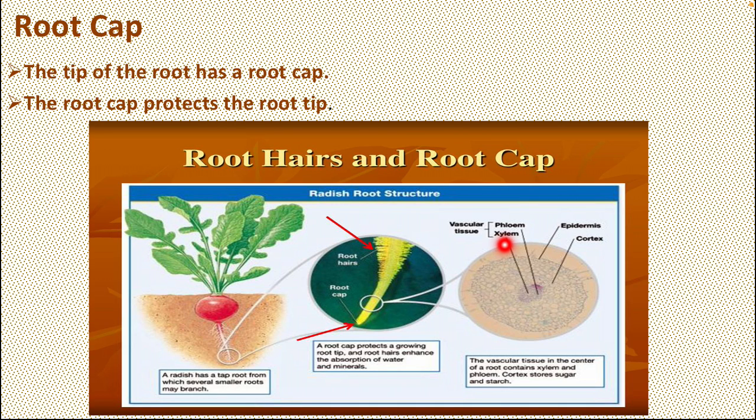As you can see in the picture, this is the radish and these are the root hairs, and this circle explains where you can see the root hairs and the root cap. A radish has a tap root from which several smaller roots may branch.